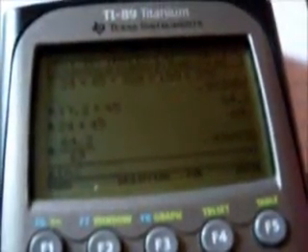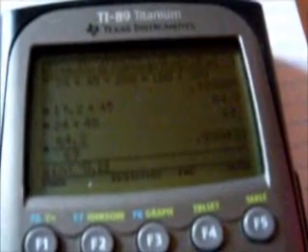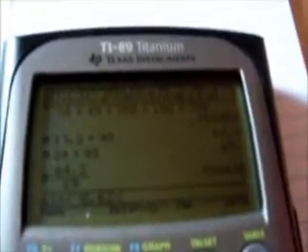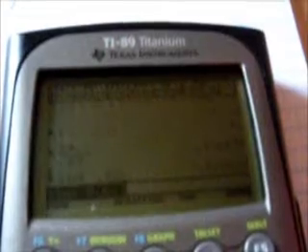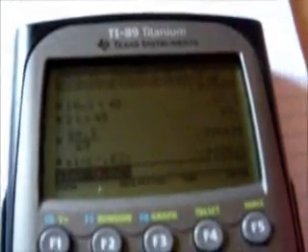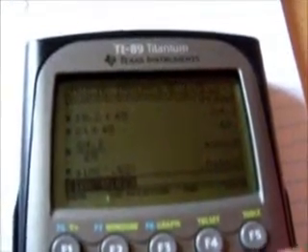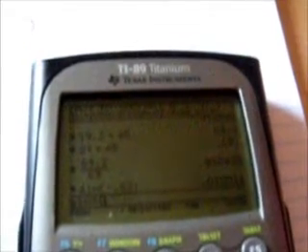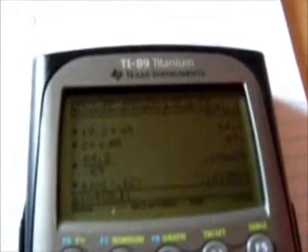Enter. Excuse me, I did not enter that correctly. Sine inverse of negative 0.62. Okay.